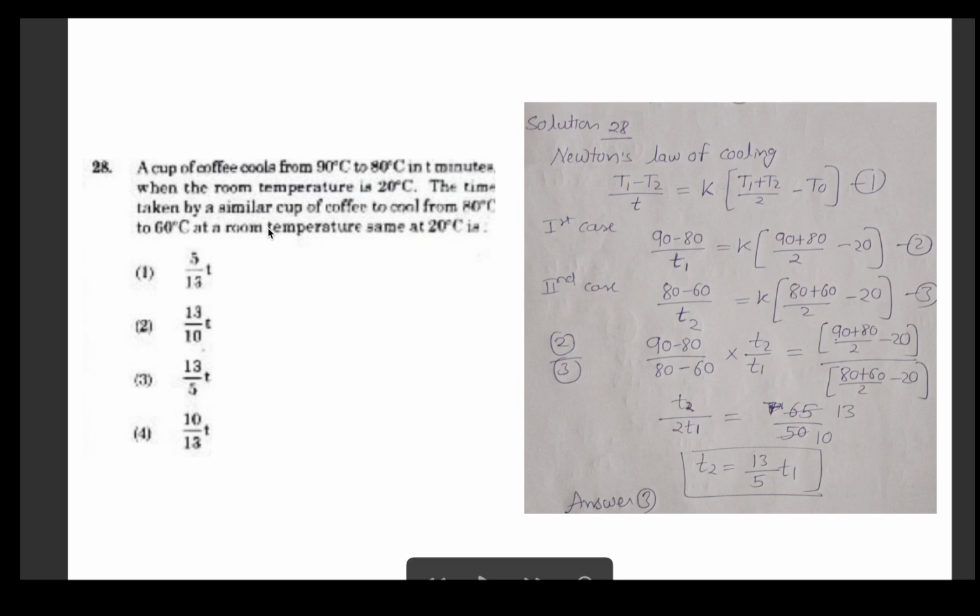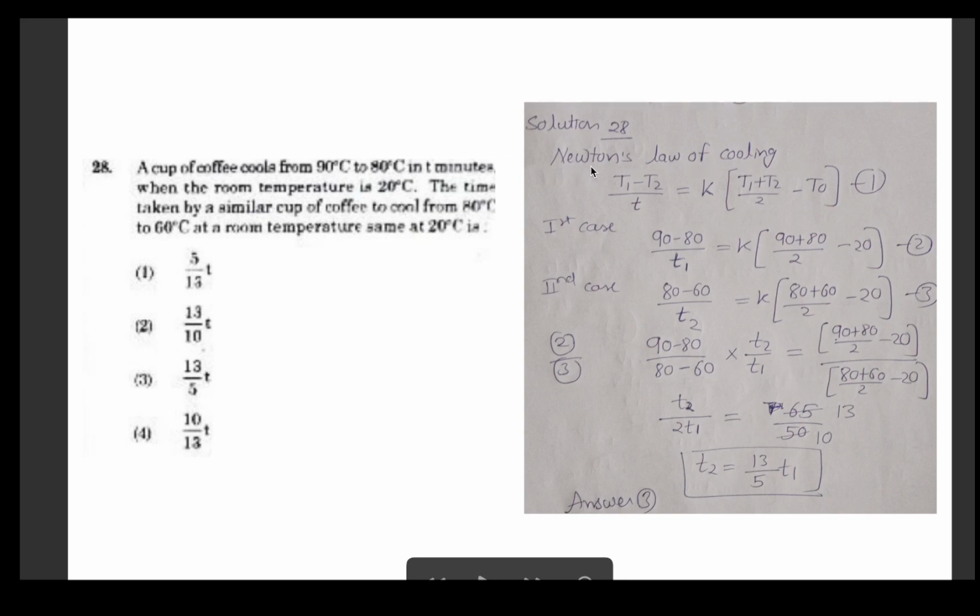In the 28th question, they asked: a cup of coffee cools from 90 to 80 in T minutes when the room temperature is 20 centigrade. The time taken by the similar cup of coffee to cool from 80 degree to 60 degree at the same room temperature of 20 degrees centigrade is.